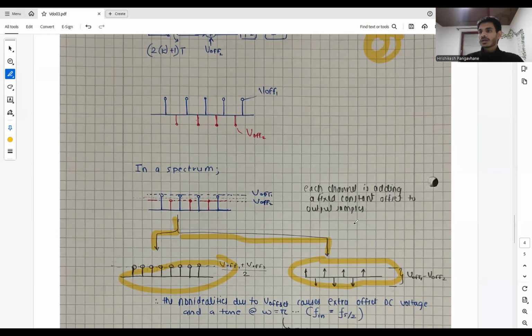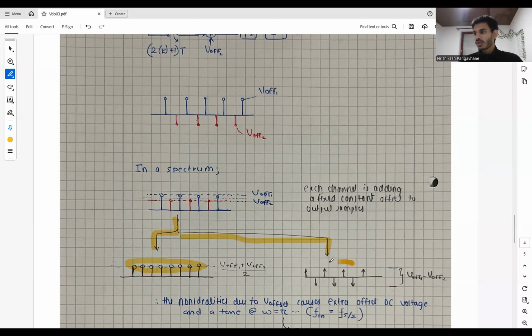If we take the average of these two values, which is (V1 + V2) divided by 2, it will lie somewhere in between these two.